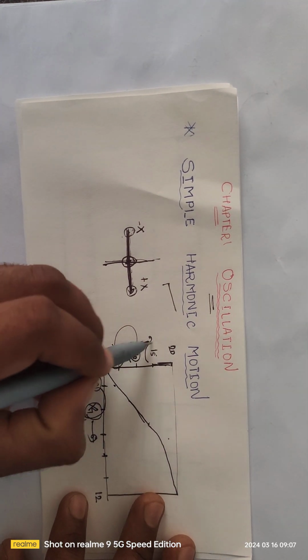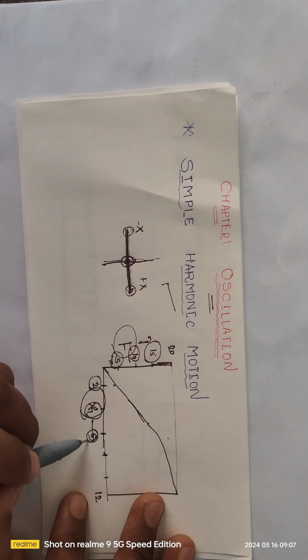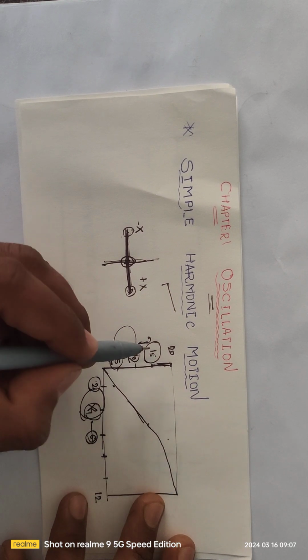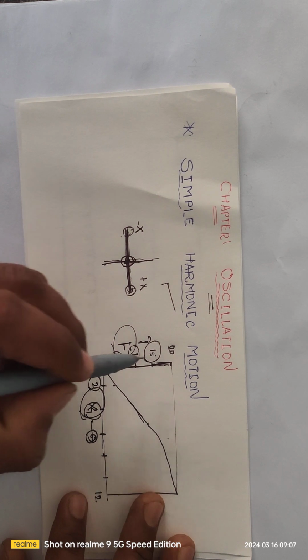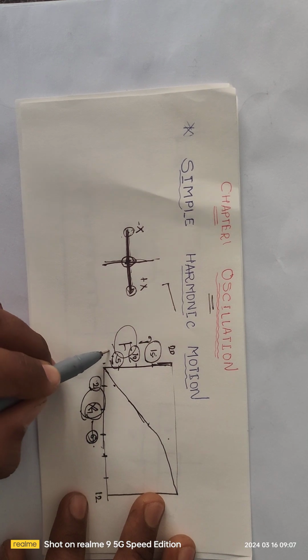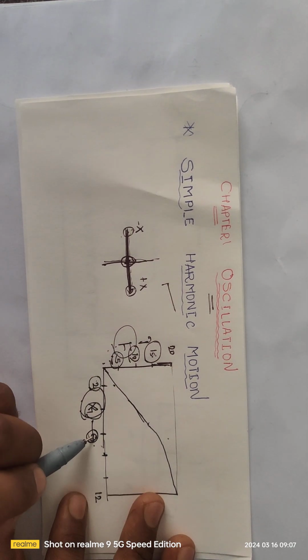If I apply a force of 15 Newton, the displacement is 6 meter. So from 0 to 15, the displacement is linearly proportional to the applied force.